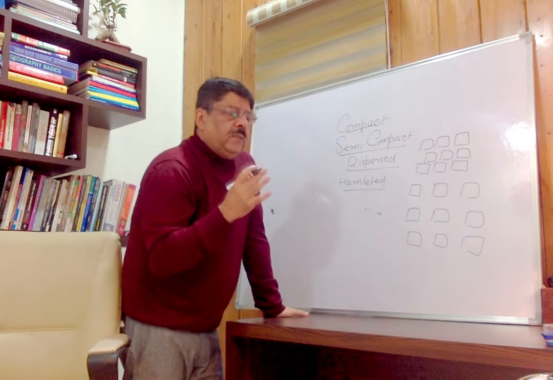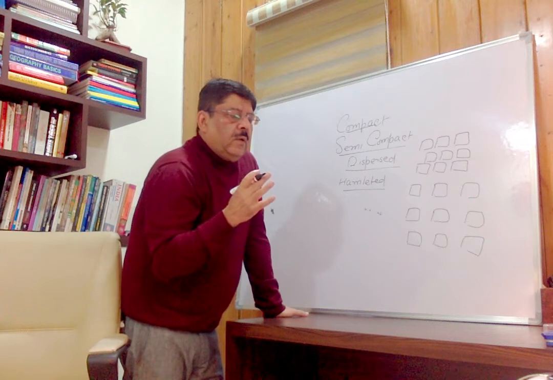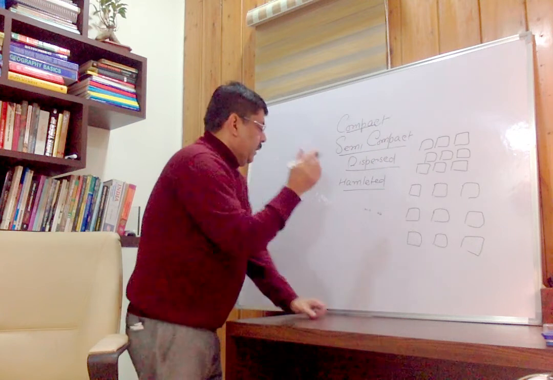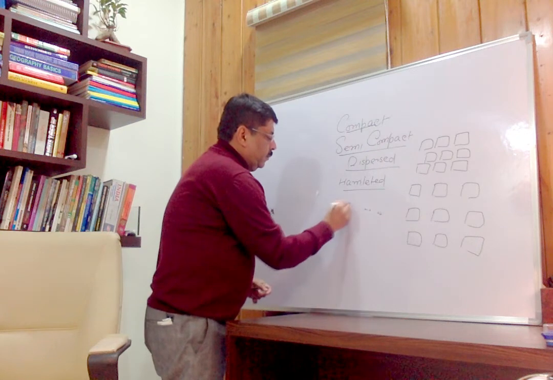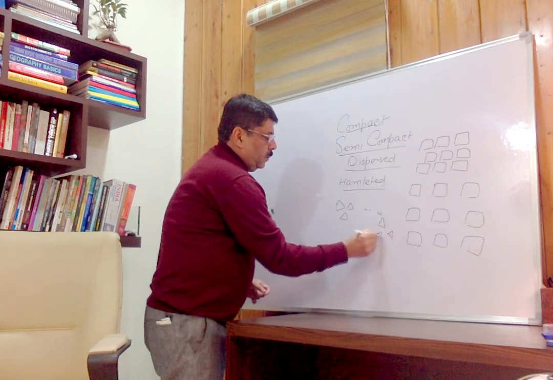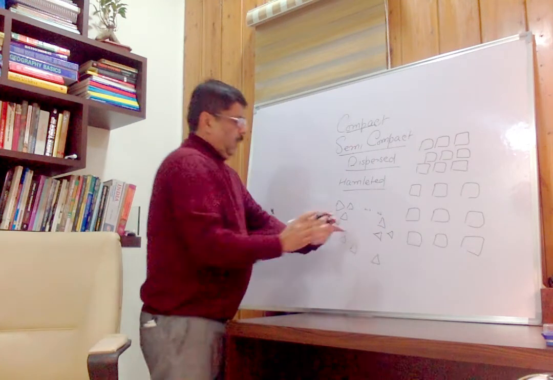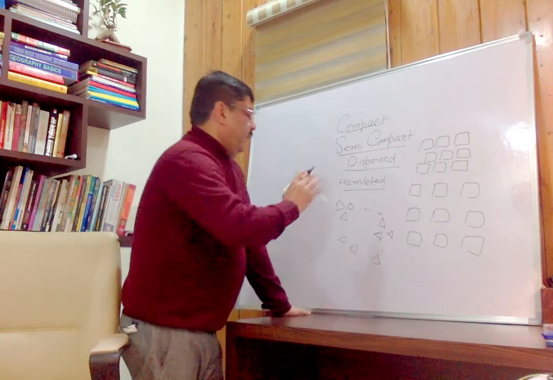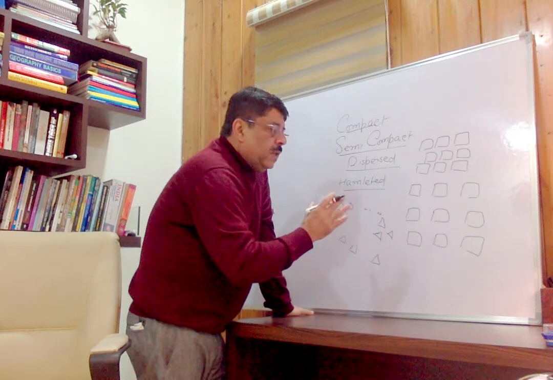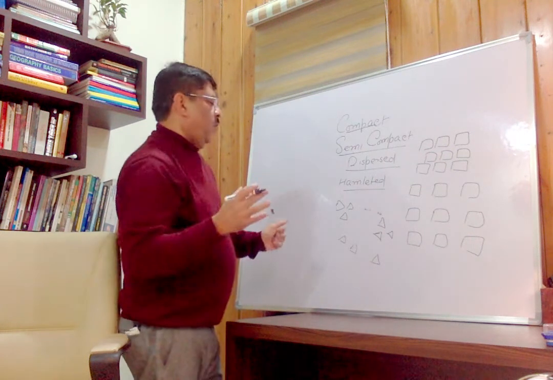Dispersed settlement means there are two or three houses in one place, then again, like this. There's a relative distancing, a relative space between the groups of houses. You can very well assume that they are group houses.